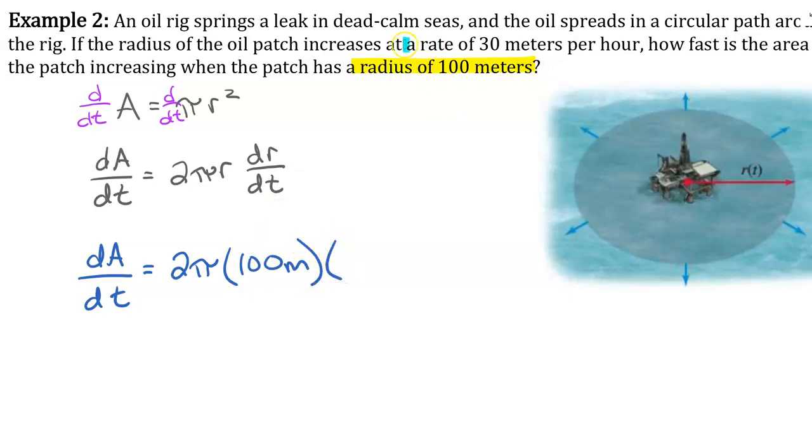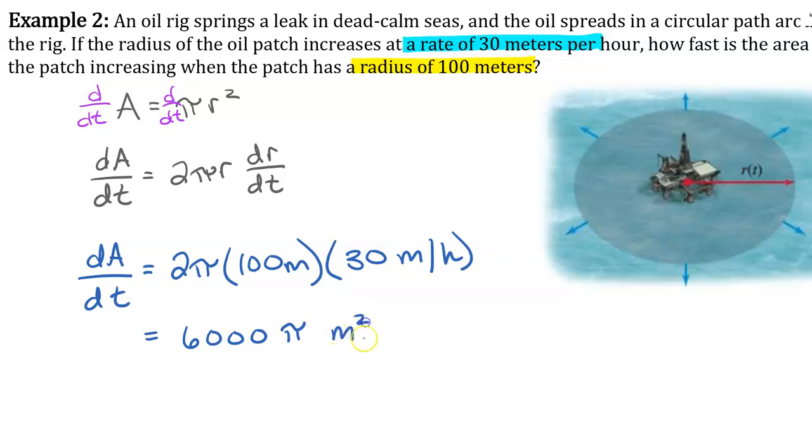And then the rate of 30 meters per hour for dr/dt. Multiply as you wish. So we have 6,000 pi, and then that'd be meters squared per hour.